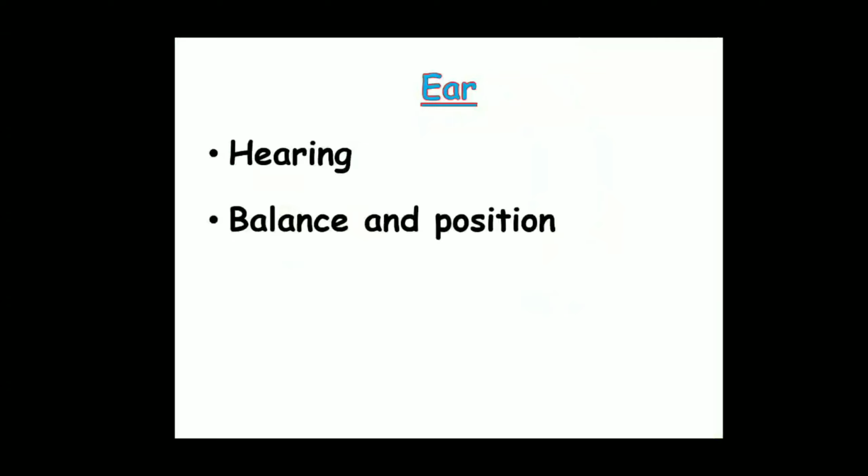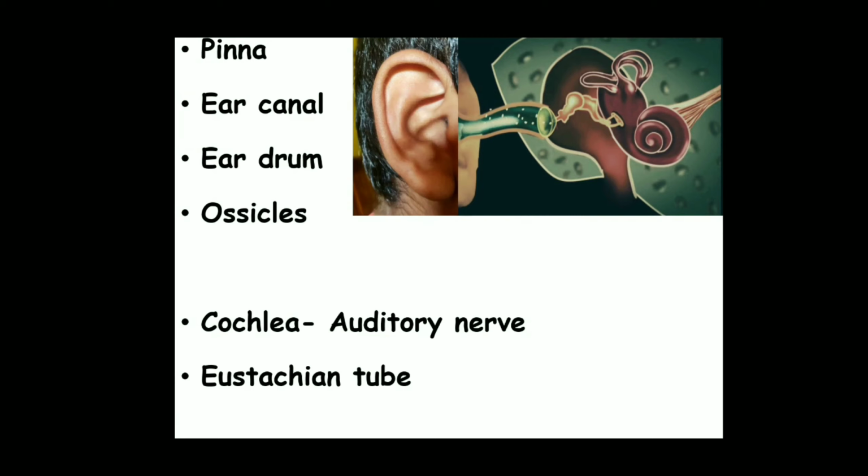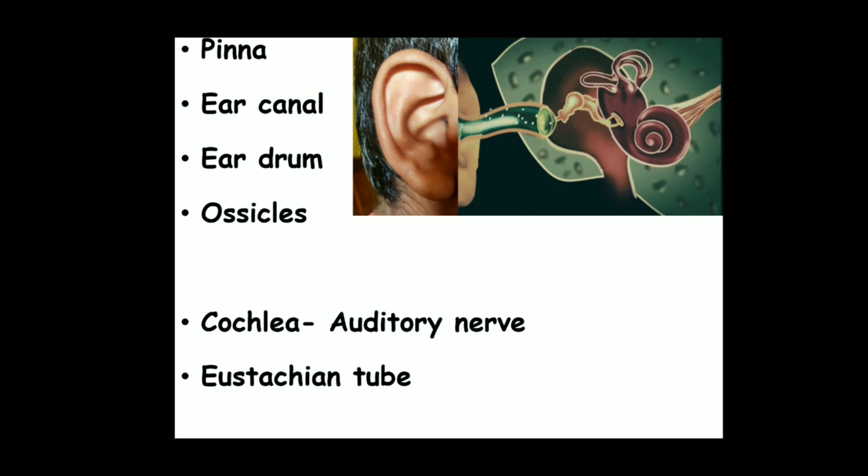When you think about the ear, the first thing that definitely comes to your mind will be the outer part. That's the pinna. And then you have got the ear canal, the eardrum, and the middle ear has the ossicles, then the inner ear. So when sound waves come, they will be collected by the pinna and go to the ear canal, and then vibrate the eardrum of the middle ear and then the ossicles, and then the sound waves will be converted to signals.